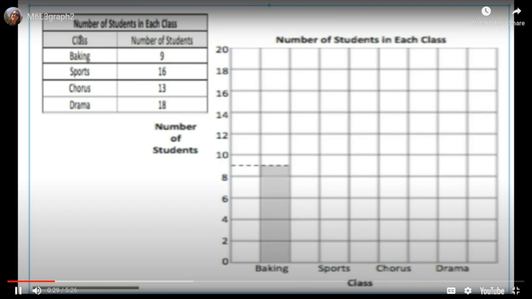So it's number of students in each class, okay? So the number of students in each class according to baking class, sports class, chorus class, and drama class. So these are the 4 different classes. And then over here, we see the number of students that are in each class. So we've got our groups and our size and then our total number of students.